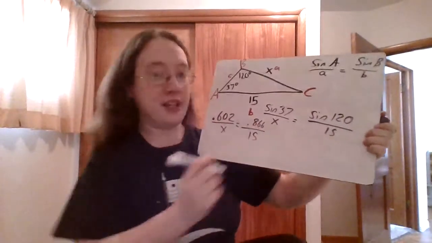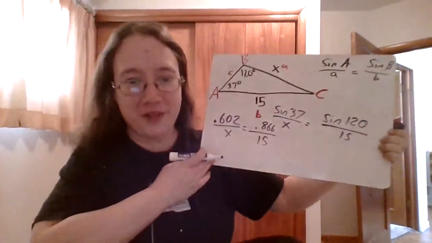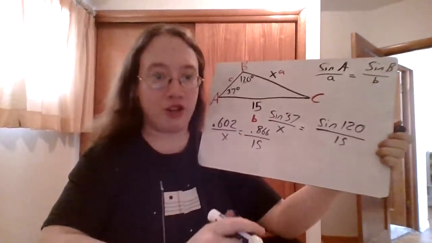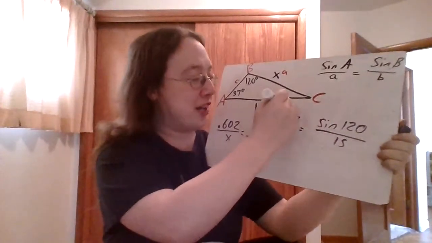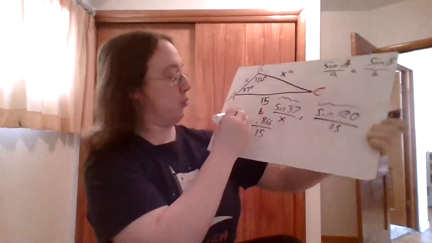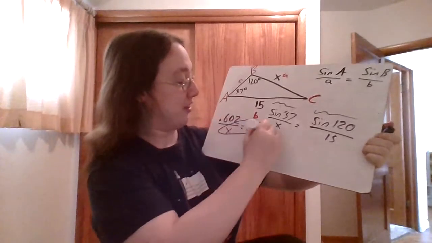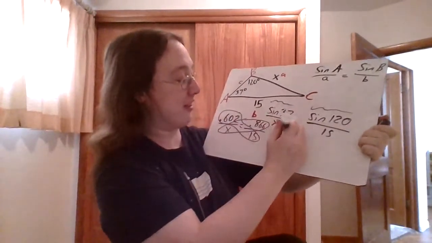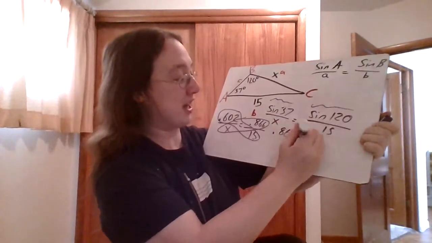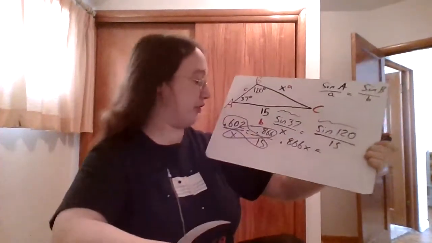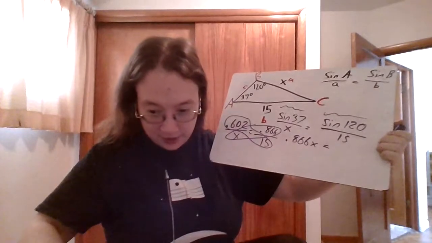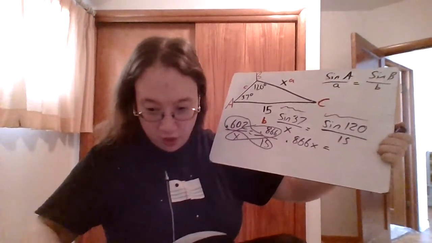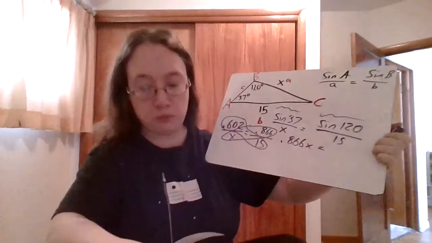over 15. And the nice thing is, once we've got that set up, we're just multiplying. So once we're here, we're just finding the sine of these things. These are just numbers, and we're just butterflying this. So now we've got 0.866 times x equals whatever 15 times 0.602 is. 15 times 0.602 is 9.03.